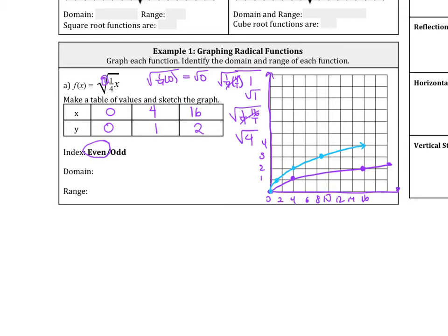So notice how the purple graph was affected with the 1/4. Now let's talk about the domain. What's the lowest x value of this purple? Well, the lowest x value is 0, and then it goes to infinity, so 0 to infinity. The range starts at 0, and then it goes to infinity again, so the range is 0 to infinity.